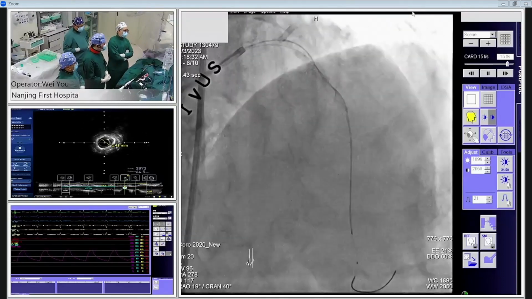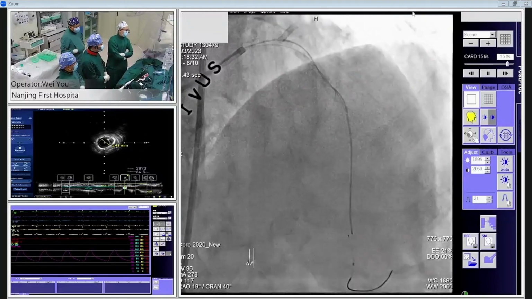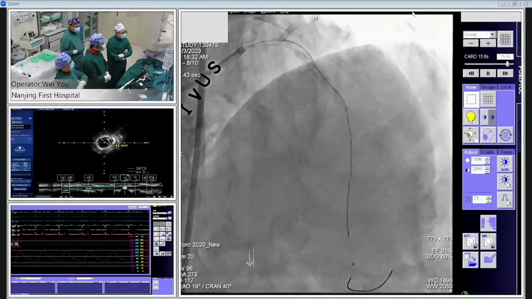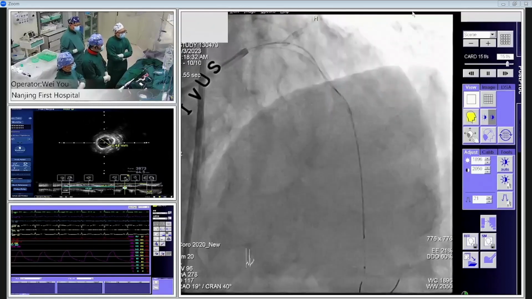Okay, Chief, according to the IVUS results, we can calculate the IVUS calcium score more than 2. For severe calcified PCI, I think we need to use the rotational atherectomy or the IVL to prepare this lesion, to acquire very good stent expansion.